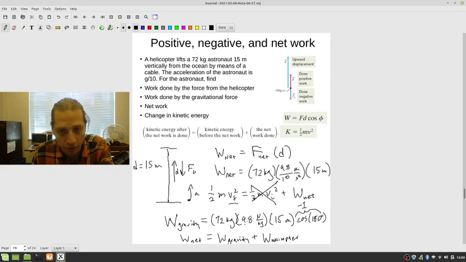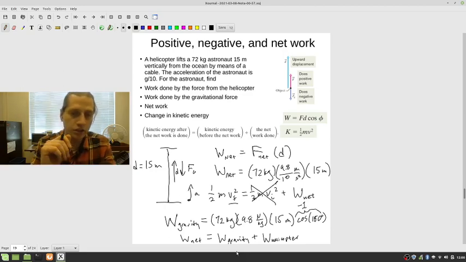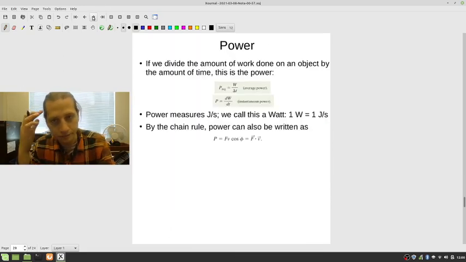So if you want to find out what the work of the helicopter is, you can put this number in for the work of gravity. That will be a negative number. You'll put in the net work right there, which will be a positive number, and you can find the work done by the helicopter. Okay, so there's nothing confusing here except just keeping your language straight.